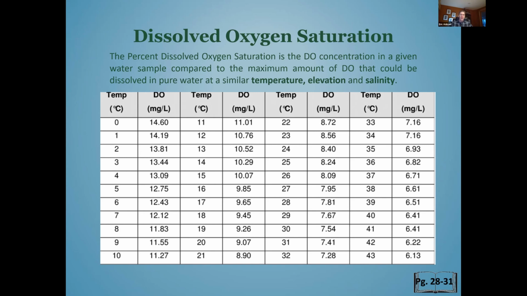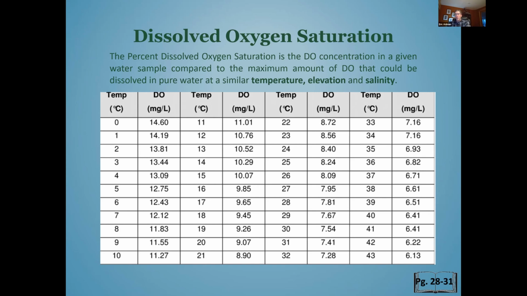So let's say that we were measuring at 10 degrees Celsius and the maximum predicted would be 11.27, but we got 10. So we divide 10 by 11.27 to come up with percent saturation. That's something that you can do and enter on your chart, or when you do the online data entry, that part is done for you.